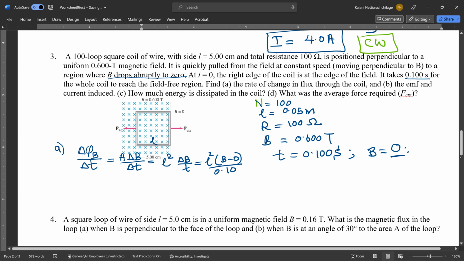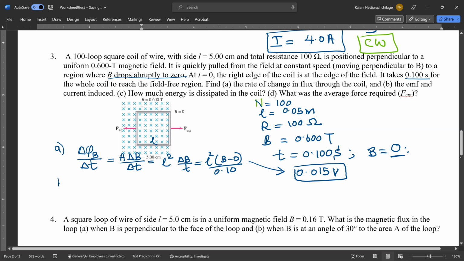So you plug those numbers in, and the number I have is 0.015 volt. That is the rate of change of flux through the coil, the EMF and the current induced.